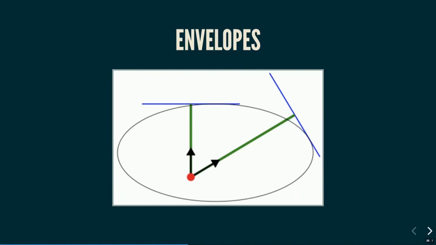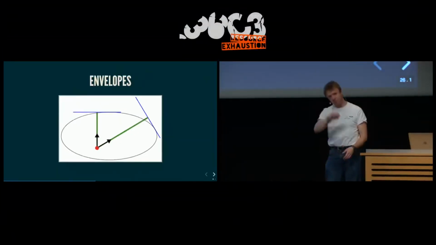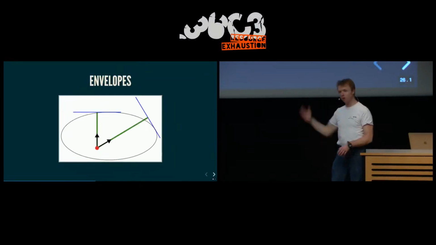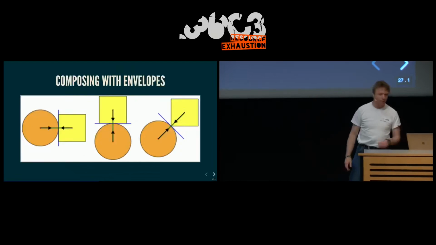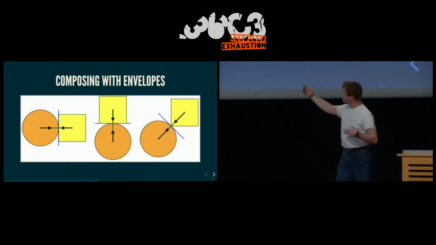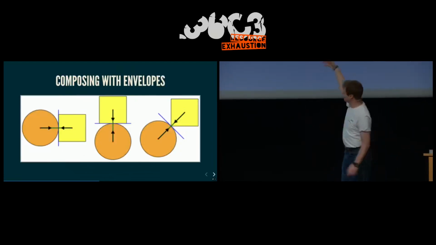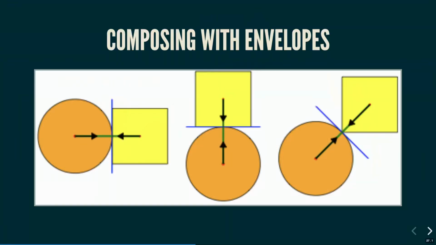And that's called an envelope. And envelopes are wonderful. So if you ship each picture not just with the visuals that you see, but also with a function that describes the envelope, then you can use that envelope to arrange pictures both in the horizontal and the vertical, but also in the diagonal by just drawing vectors so that they touch.